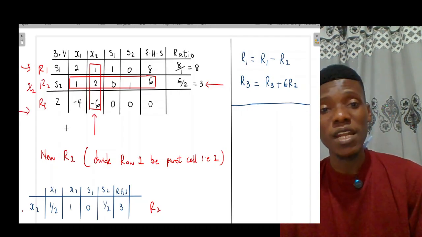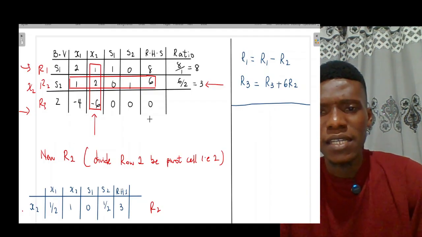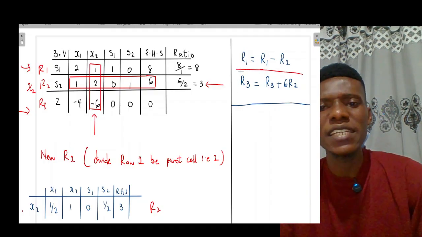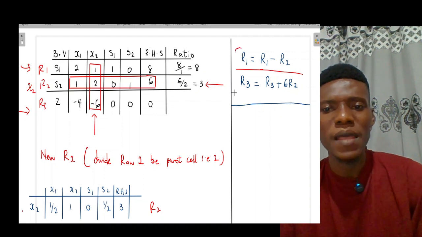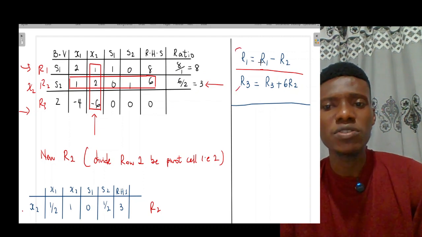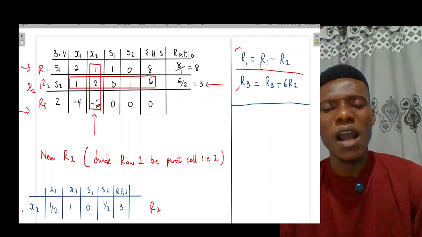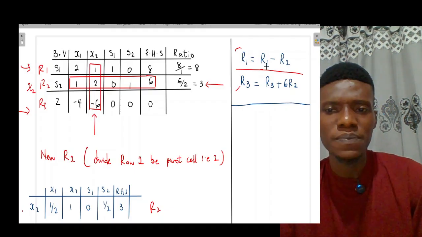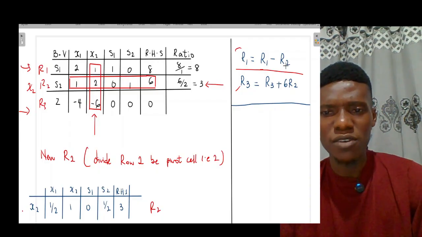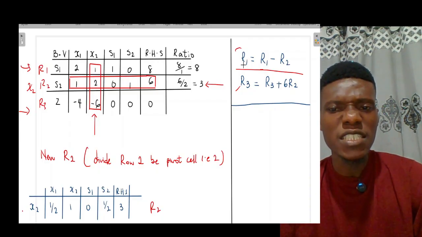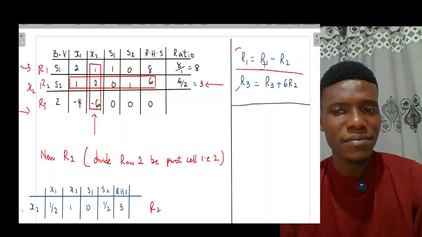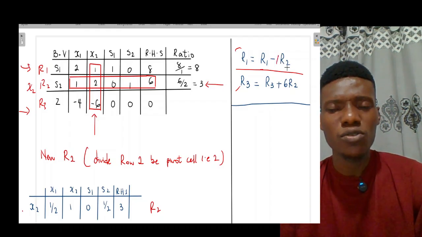Then you need to create a formula for that. How do you do that? Look at this. How did they generate this formula? To generate the new row 1 now and the new row 3, you use this formula. How did we arrive at this formula? R1 minus R2. Don't forget, the new row 1 now becomes R1 minus 1 times R2.